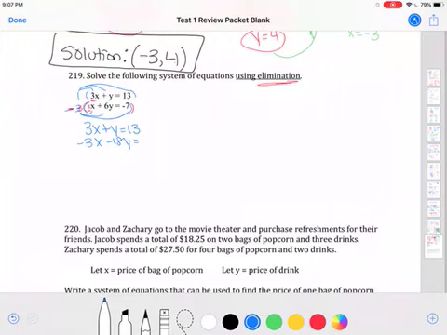Your equal sign comes down, and negative 3 times negative 7 is a positive 21. Now that I've taken care of my setup, I'm good to start eliminating. 3x plus negative 3x eliminates like I wanted it to. A positive y minus 18y is going to be a negative 17y, and 13 plus 21 is a positive 34.